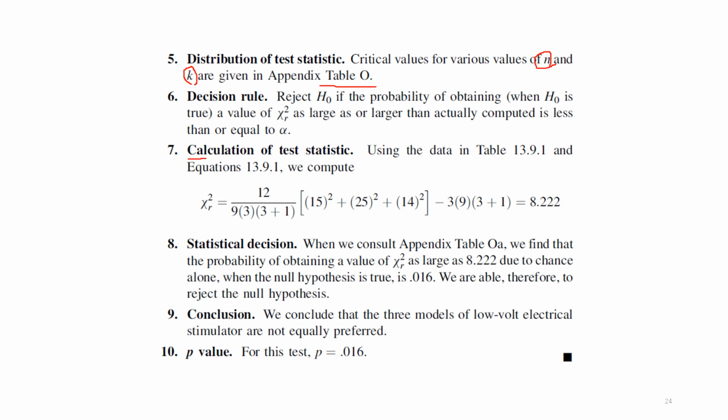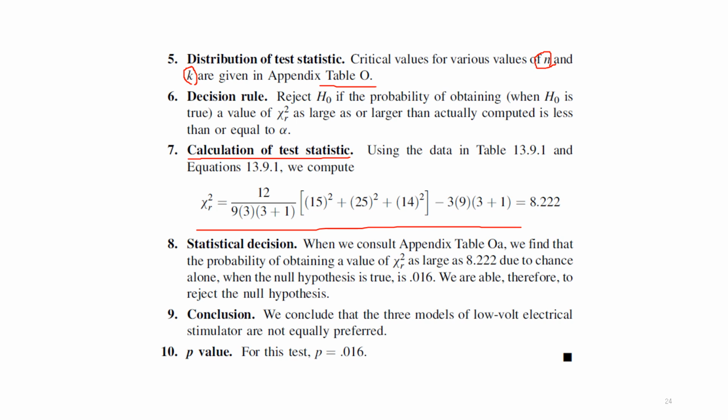So let's calculate the test statistic. We put the sum of the ranks for the first group as 15, the second one 25, the third one 14. So we square the values and add them together. This calculation formula is very similar to the previous one, but it's a little bit different, because the statisticians who developed these methods adjusted for different situations.